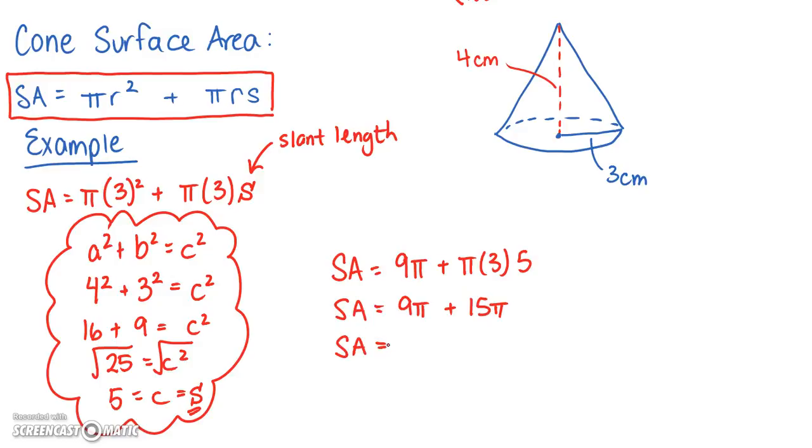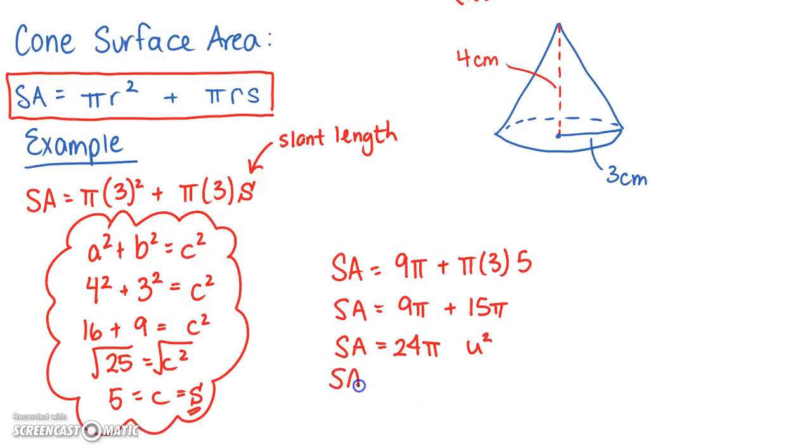Now, there are two ways of leaving your answer. You can either leave it in terms of pi, or you can leave it as a decimal approximation. So 9 pi plus 15 pi is going to give us 24 pi, and we'll just say units squared because it's a surface area. Now, if you multiply 24 times pi, that will give you your decimal approximation.